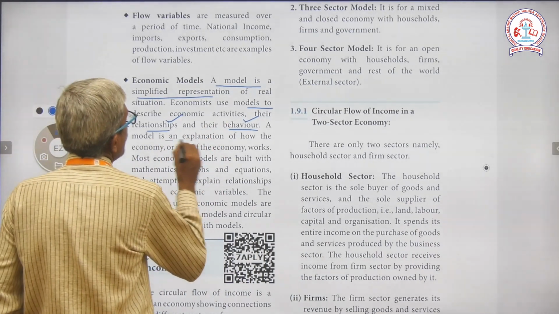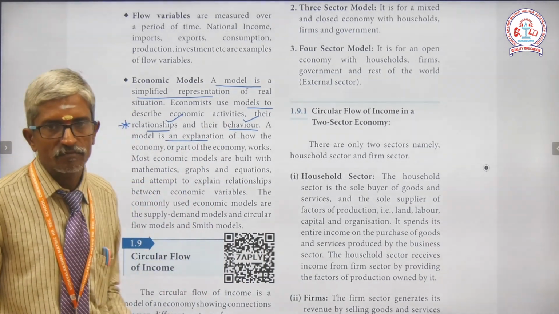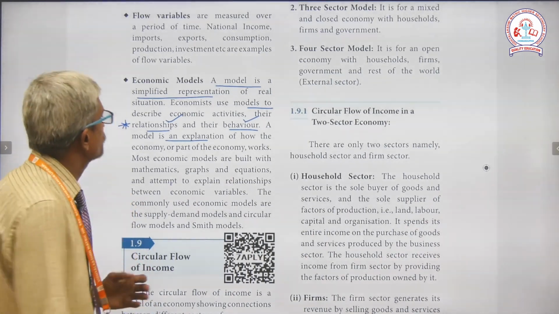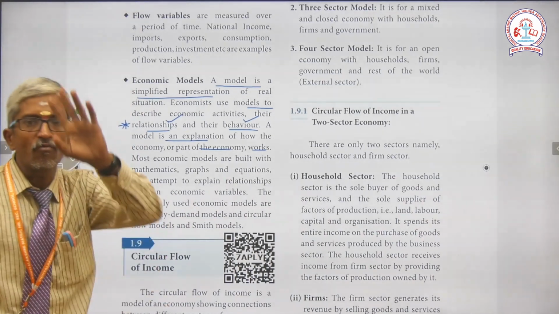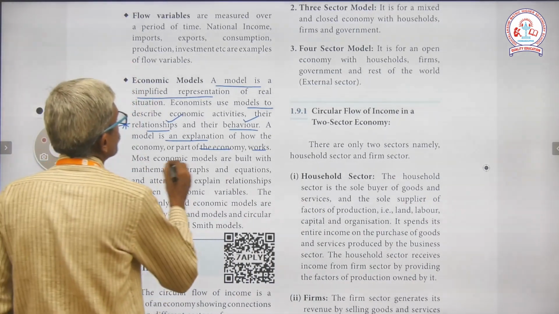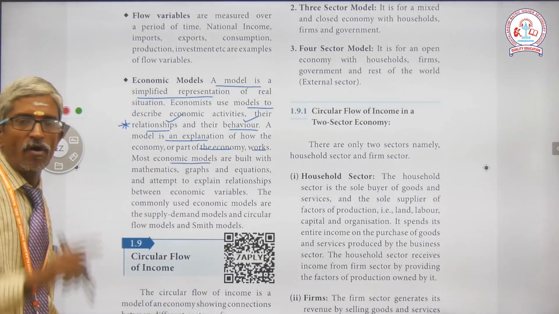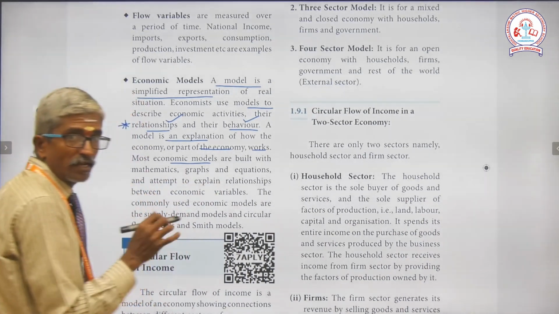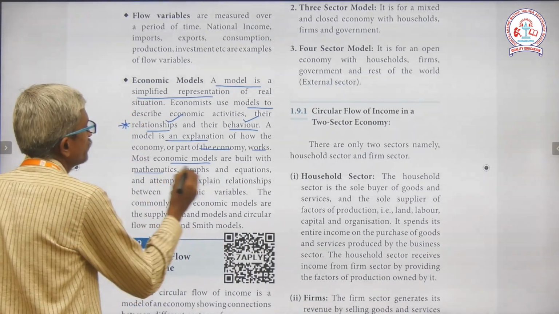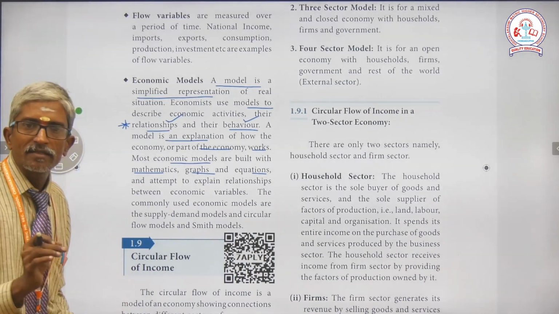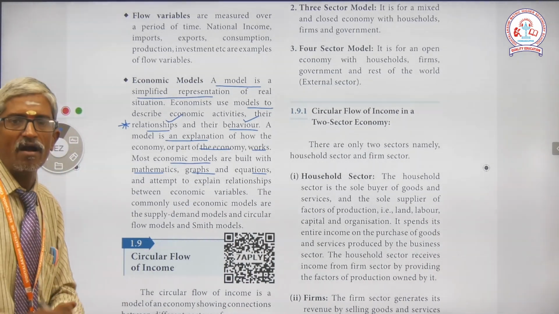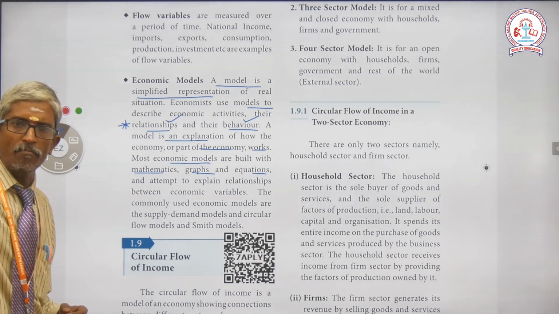Next, a model is an explanation. Another point: a model is an explanation of how a part of the economy works. That's all. Next point. Most economic models are built with the help of these 3 important concepts. Number 1, mathematics.